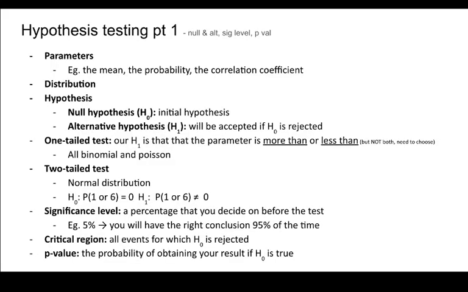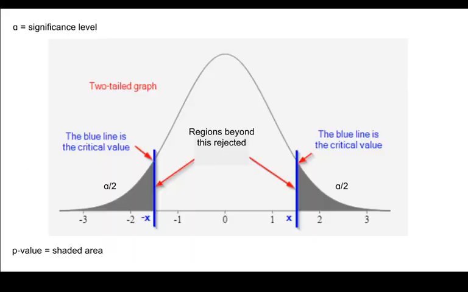Then finally, p-value is the probability of obtaining your result when the null hypothesis is true. So it's to test how likely you are to get the result if we follow this distribution.